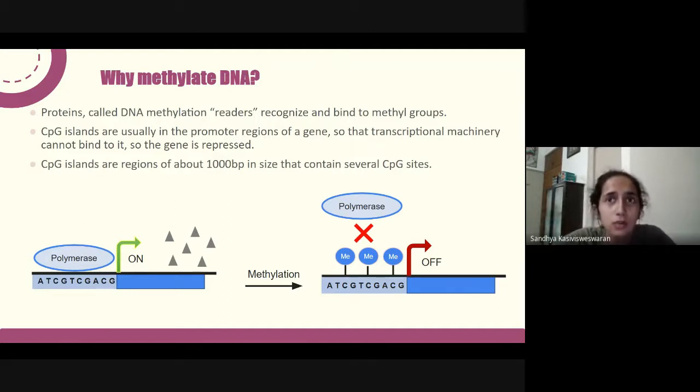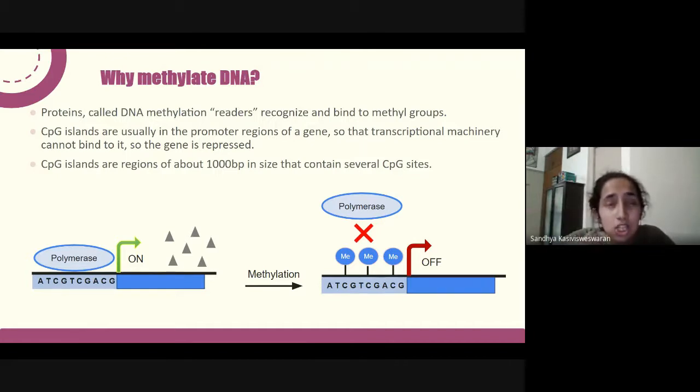So this is how DNA methylation basically contributes to different cells expressing different genes. In my heart cell, one set of genes will be turned on; in my lung cells, another set of genes will be turned on. This is mainly mediated through histone acetylation, methylation, and DNA methylation.